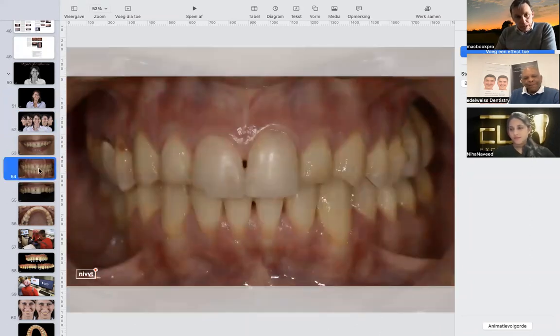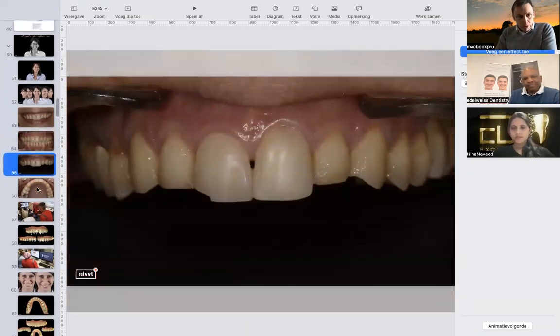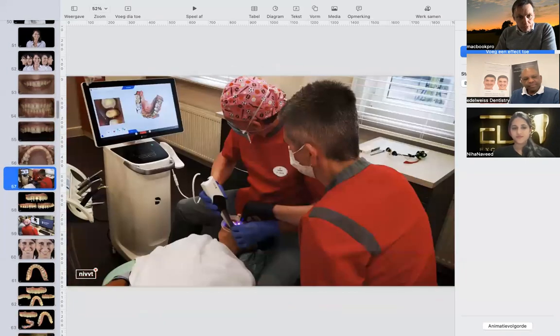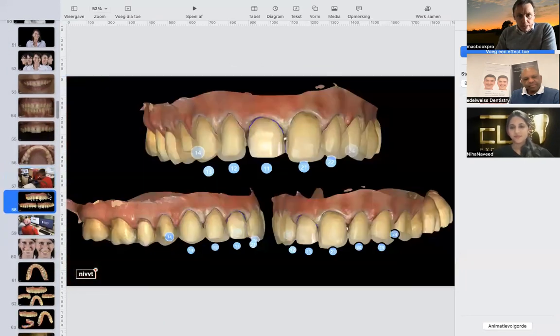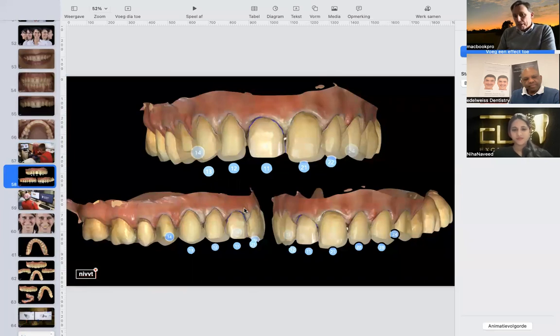This is what we did in a situation like this, and I will try to let you have an idea. Here you see my preparations on the scanning. You see, I didn't do a crown lengthening. The only thing I did, and you will see it immediately, on the 11, I did a little bit of crown lengthening with a laser.